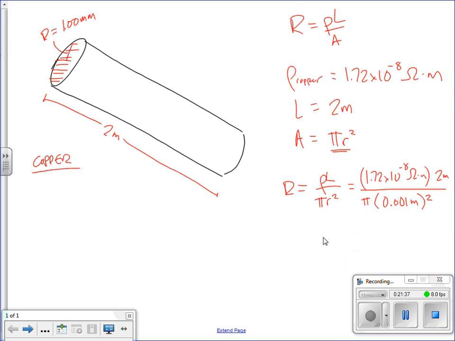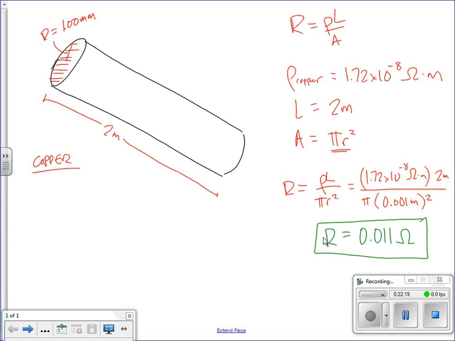So that resistance, let me grab my calculator. 1.72 E negative 8 times 2 divided by parentheses 0.001 squared times pi. Equals, we get a resistance of 0.011-ish ohms.